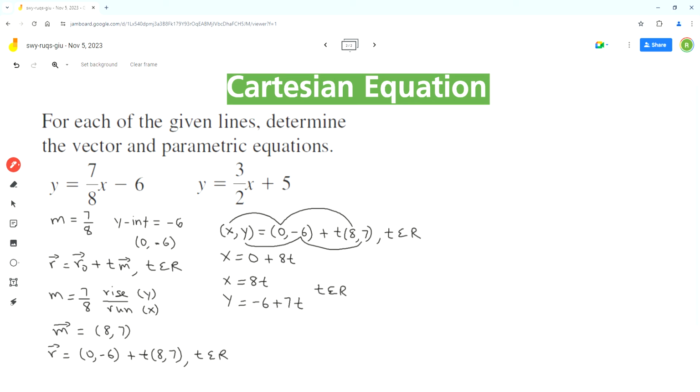The slope of the line is 3 over 2 and the y-intercept is 5. So this can be written as point 0, 5. Now we can write the general equation of a line in vector form.